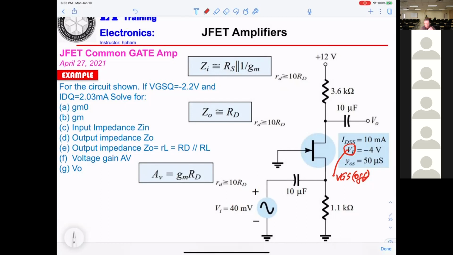It's a very good document from a university, but they are still confusing on VP and VG at all. When you're working with the N channel, then VG at off will be negative.